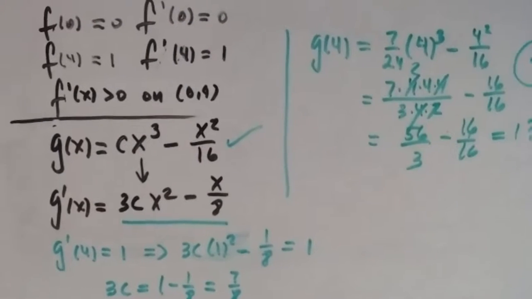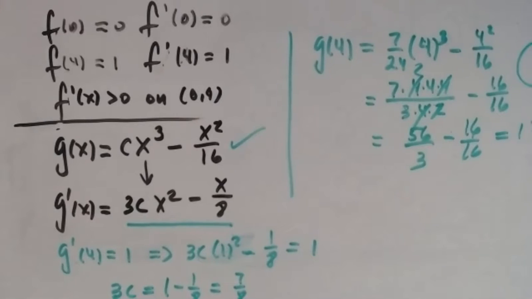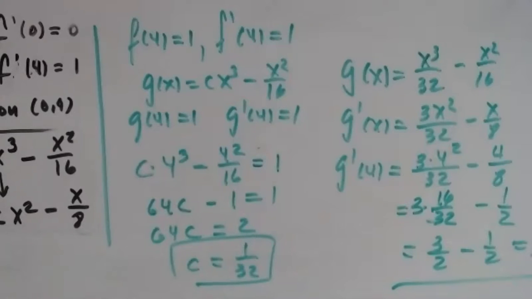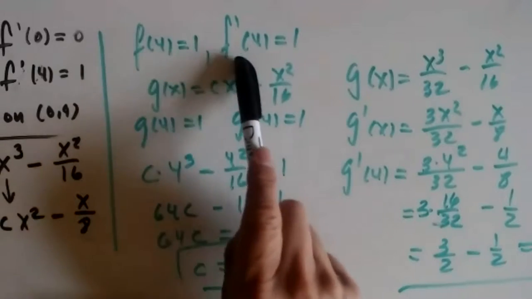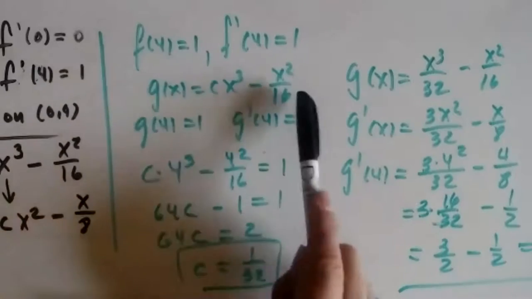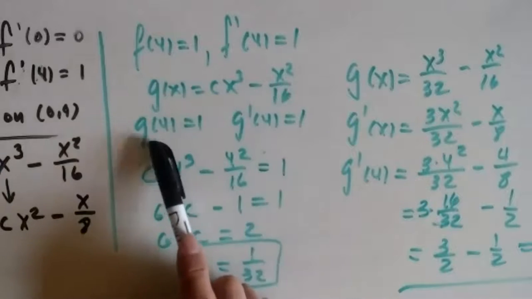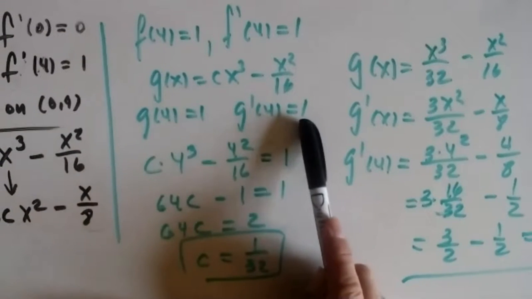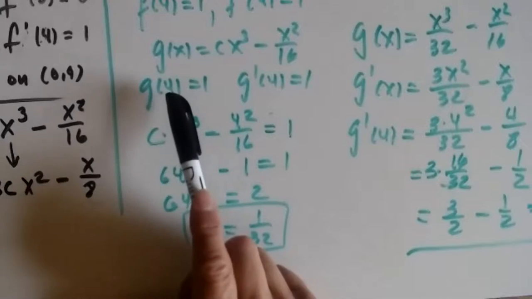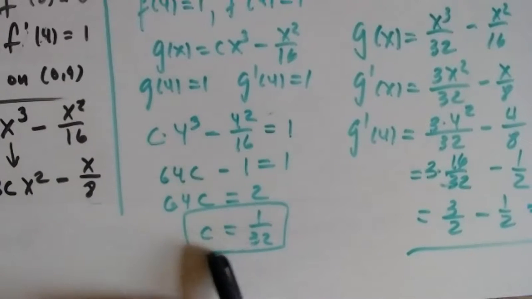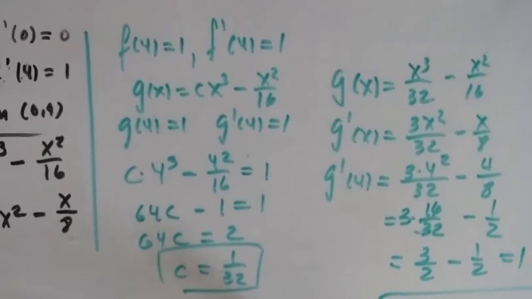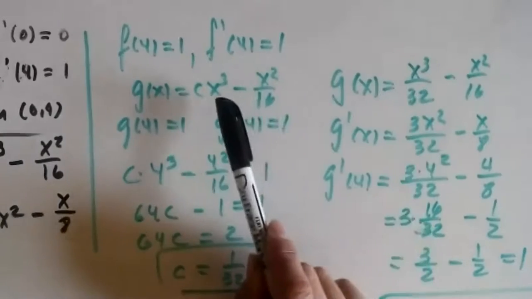Okay, let me just stop right here the record again. So what we did is this: f of 4 is 1, f prime of 4 is 1. So these have to be the conditions this function has to meet. So g prime of 4 is 1. So I put this equation, I put the 4, equals 1. I solve for c, I get c equals 1 over 32. Then I put the 1 over 32 right here in the original equation.